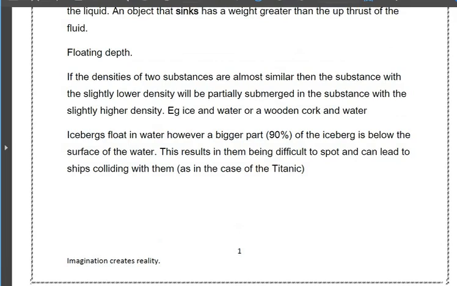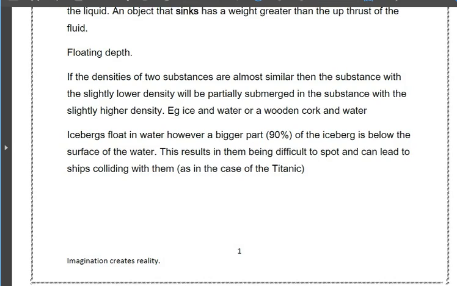If you go to your textbooks, page 133, in your Living Physics, you see how those two objects are floating in the water. The ice is almost submerged, whereas the cork floats much higher in the water. This is dependent on the density of the object.